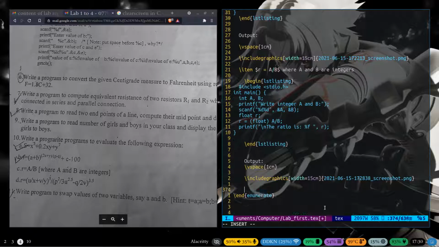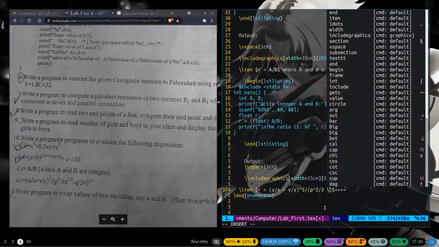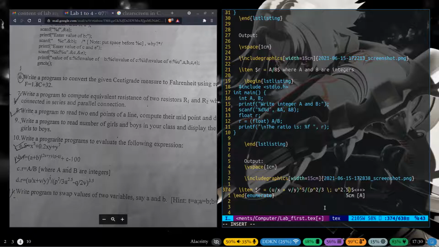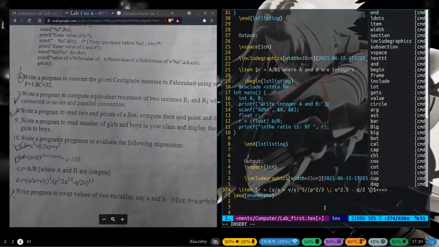So it is item, r is equal to math mode, r is equal to uyx plus uyy to the power 5, divided by what kind of division procedure? Square by 3, by 3, u 2.5 is q by 2 v.